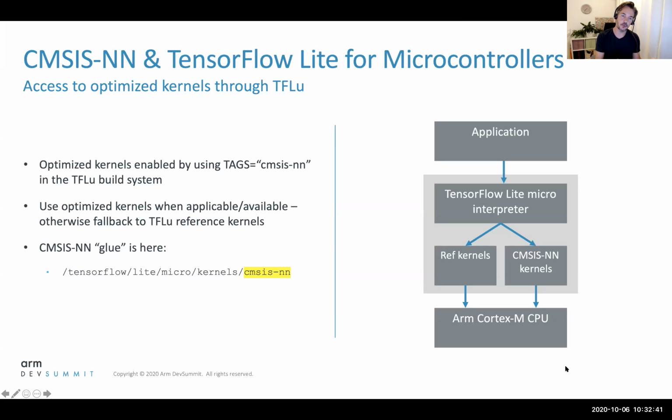The reference kernels are more pure C, whereas the CMSIS-NN kernels utilize processor intrinsics such as the SIMD. Okay. So at compile time, there's an option for us to pick CMSIS-NN as you showed on the screen. Yeah, exactly.